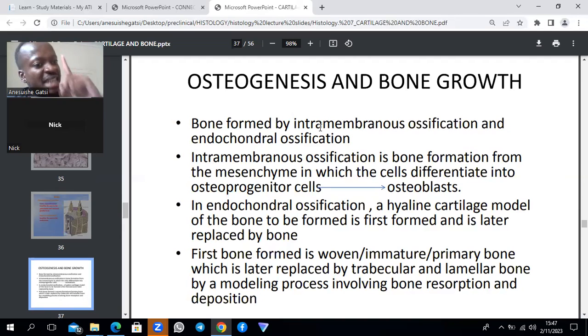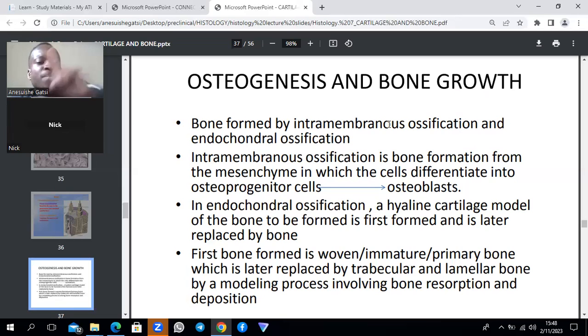Then when it's endochondral, remember chondros is cartilage. Chondrocyte, we saw that in cartilage, chondroblast, cartilage. So when you talk about endochondral, you first make a hyaline cartilage model in the shape of the bone that you want to form.